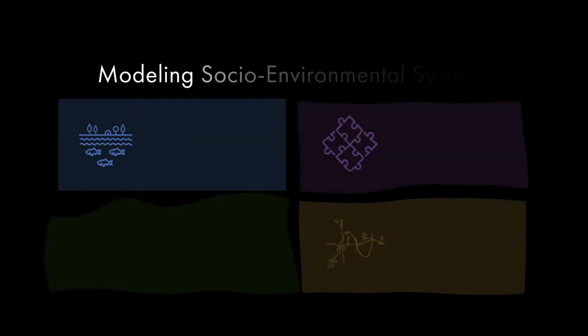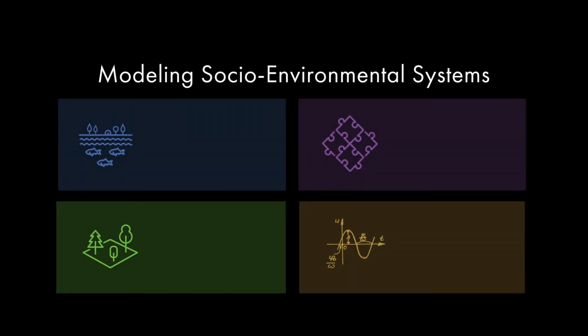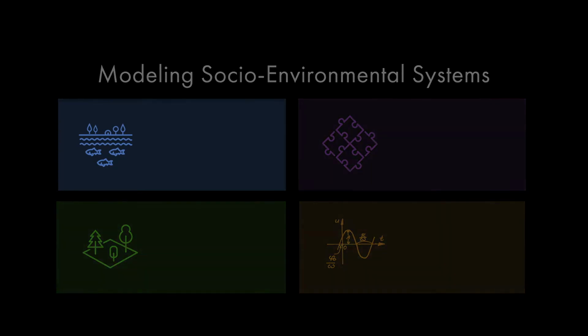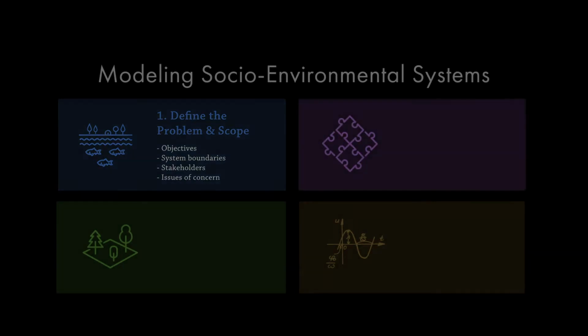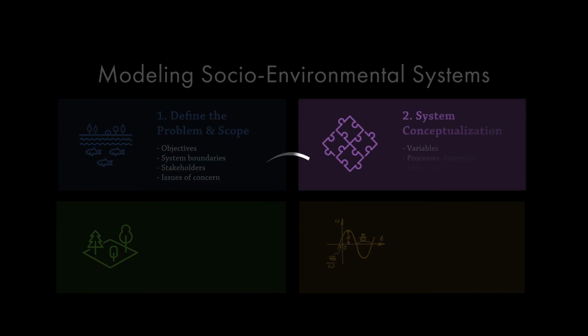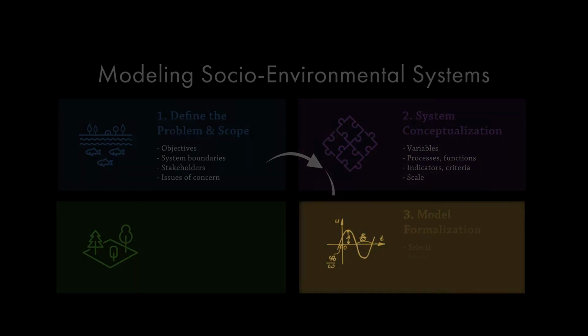Recall in this simple diagram we've talked before about the 4 basic modeling phases. The first step is defining the socio-environmental problem and what motivated the modeling effort. In the second phase, we have to conceptualize the problem in a system context that includes components and processes linking them. Third, the more technical aspects of the model formalization process begin.